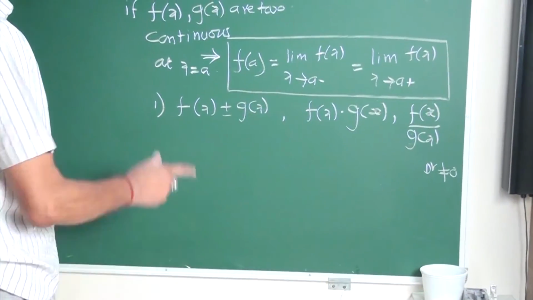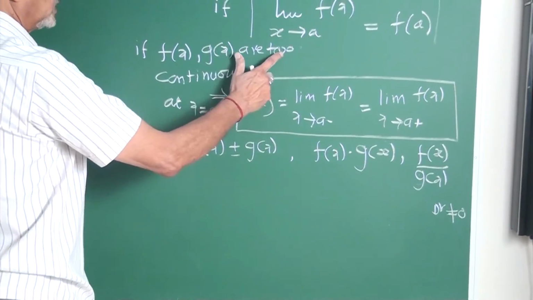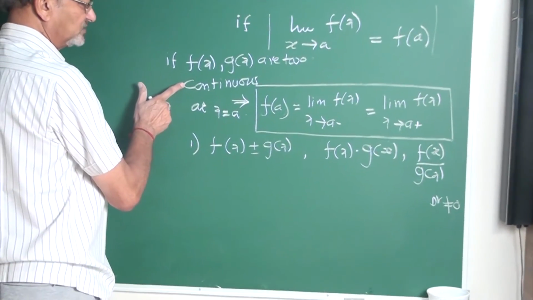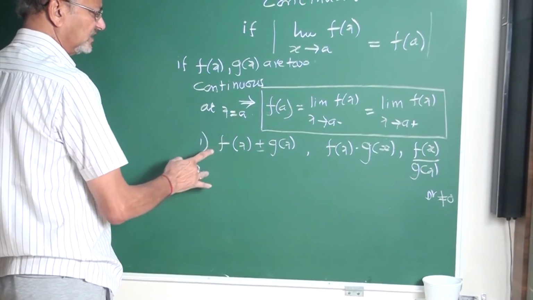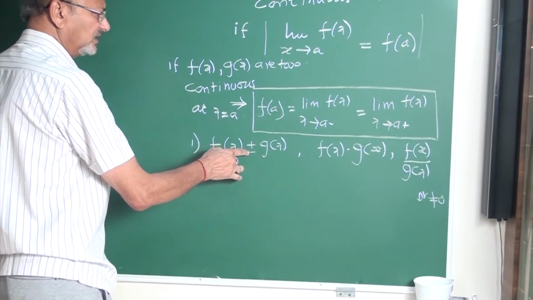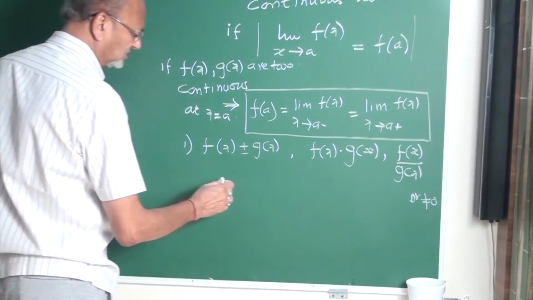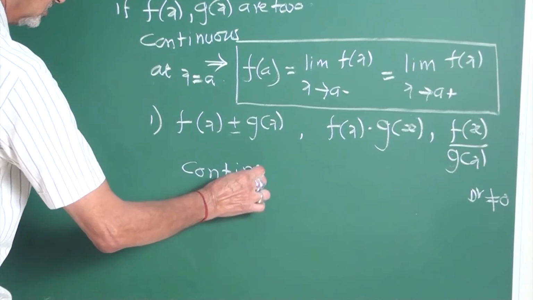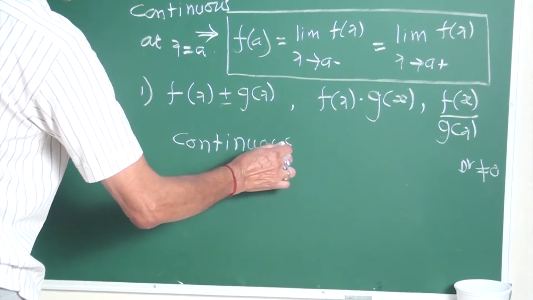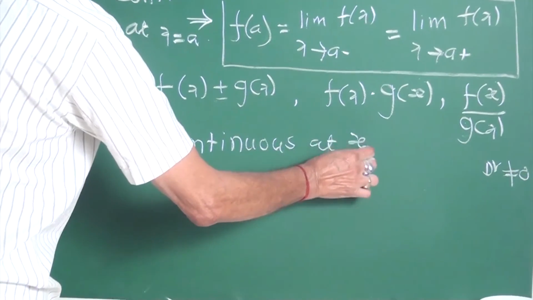If f(x) and g(x) are two continuous functions at x equal to a, then their sum, difference, product, division are continuous at x equal to a.